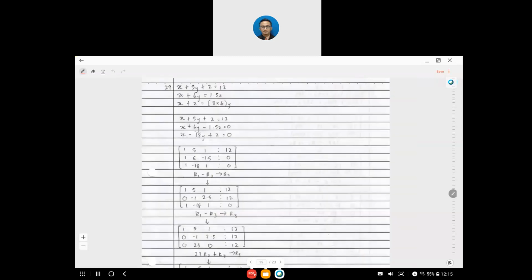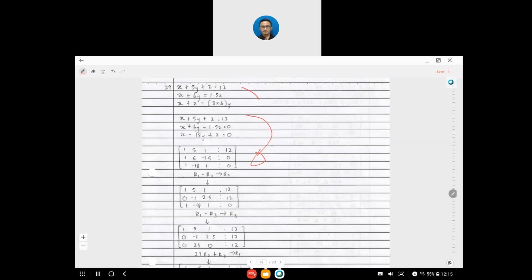Okay, question 29. Also same thing, you have a linear equation and then transform to an augmented matrix. So you have 1, 5, 1, 12, 1, 6, negative 1 over negative 1.5, 0, 1, negative 18, 1, 0.